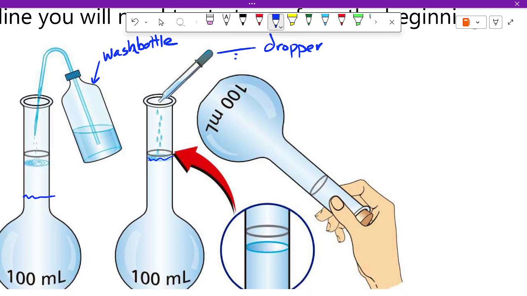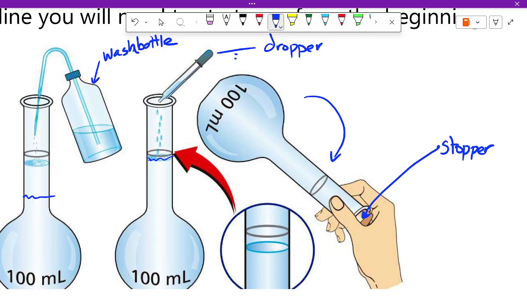And then, once you've got it there, is the solution homogeneous at this point? No. So you should put a, what's that? That's a stopper. And you're going to, now, are we going to flip it? We're not going to flip it, because when you say flip, this is flipping.